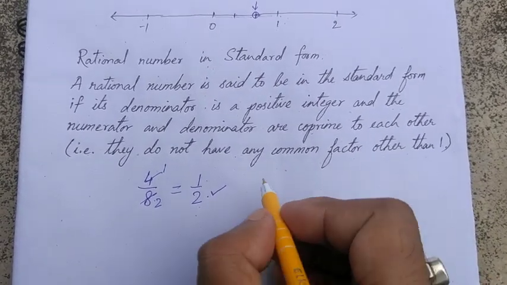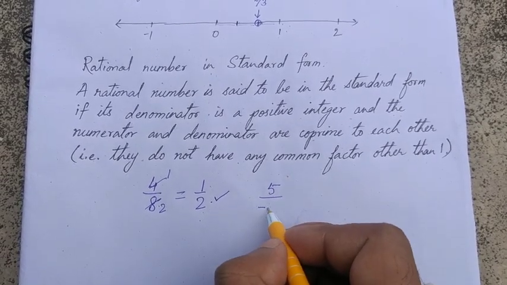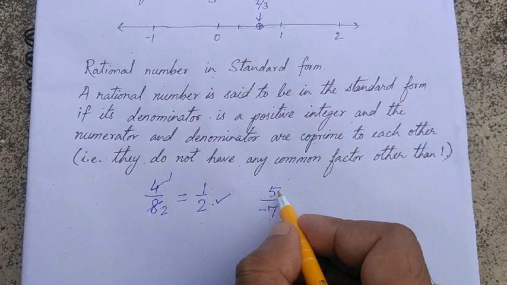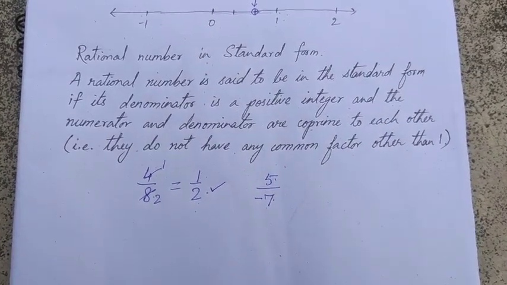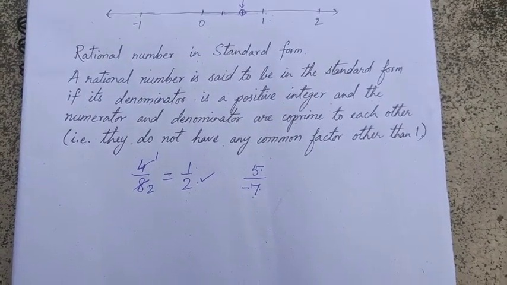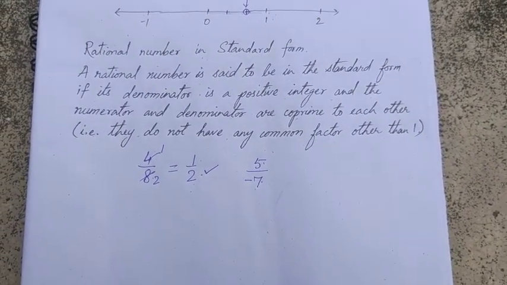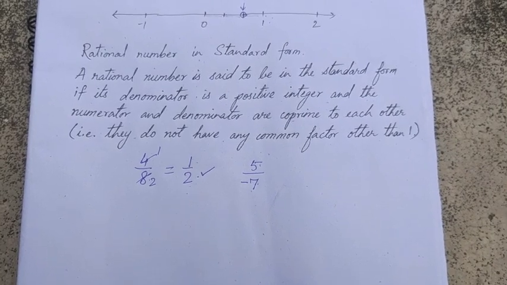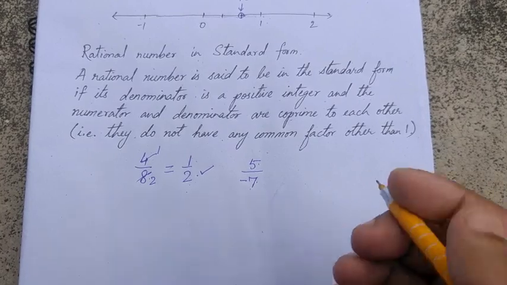Let us take another example. Suppose the number is 5 by minus 7. Now see, 5 and 7 both are co-prime to each other, but in this case minus 7 is there. That means the denominator is having a negative value, but we know that in case of standard form the denominator should always be positive. So we have to convert this to positive.